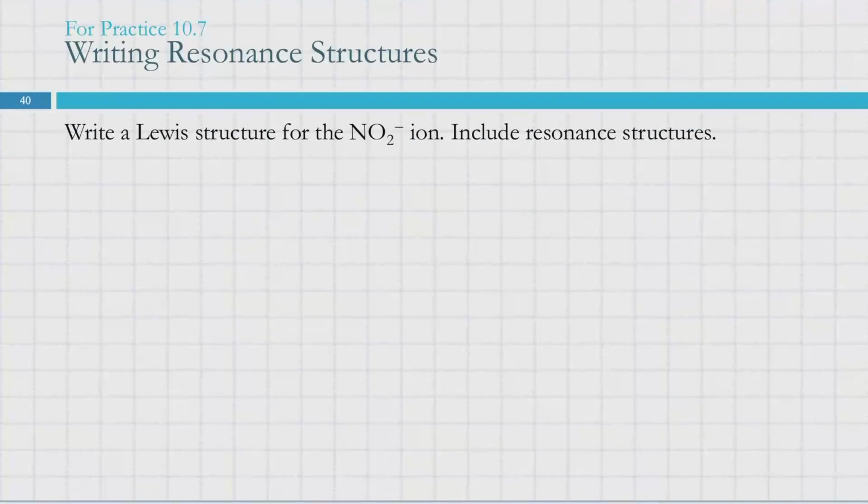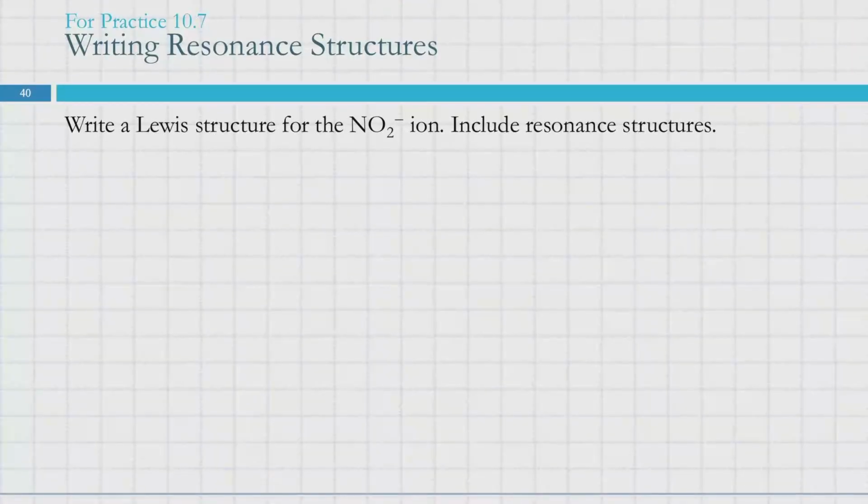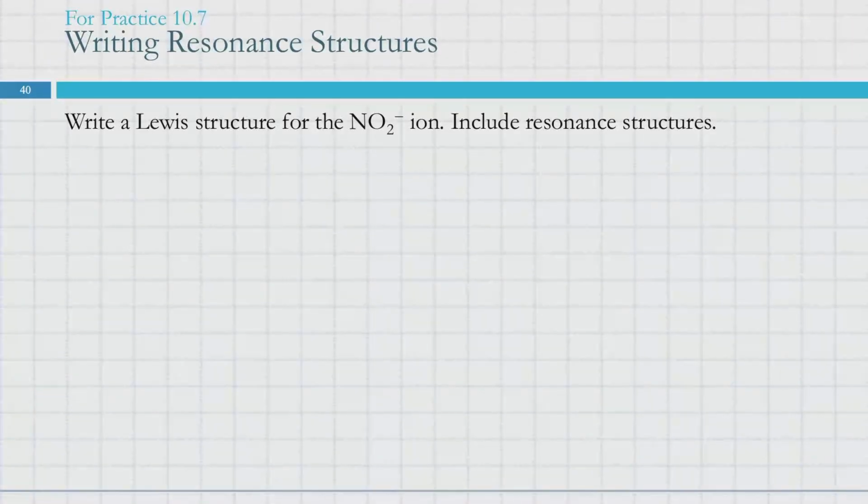All right, we want a Lewis structure for the NO2 minus ion, nitrite. Include resonance structures. So we've got NO2. In order for this to be symmetrical, we need the nitrogen in the middle. And so our skeletal structure is going to be, oh no. And then for counting up the number of valence electrons that we have, we've got a nitrogen.